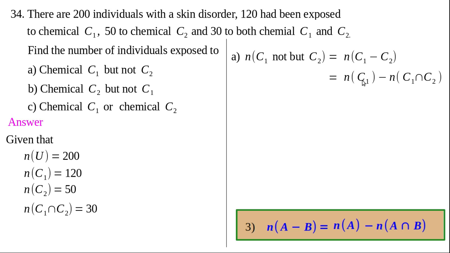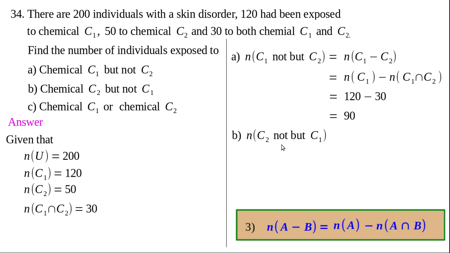Just replace number of C1 by 120 and number of C1 intersection C2 by 30. What is 120 minus 30? That is 90. 90 is the number of individuals who had been exposed to chemical C1 but not C2, or chemical C1 alone. Answer to question number A.